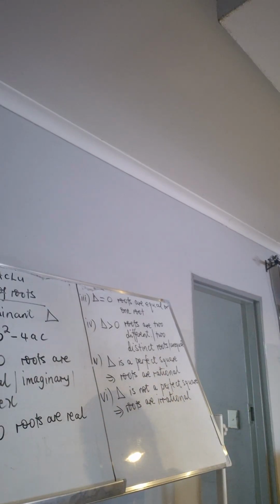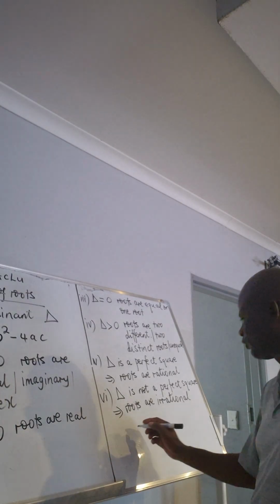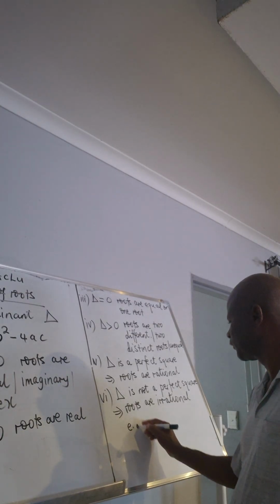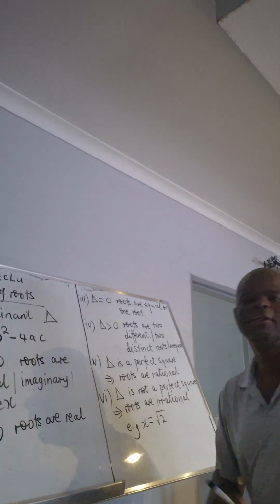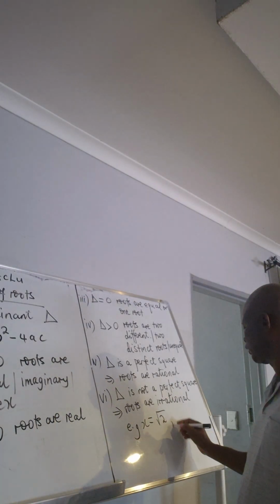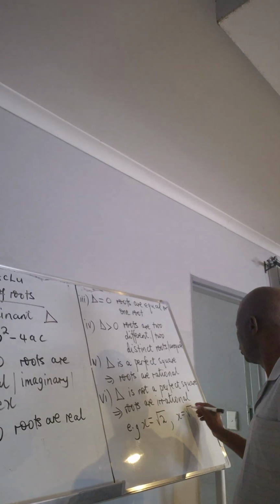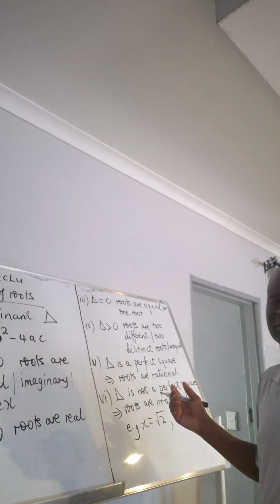An irrational number is a number which cannot be expressed as an exact fraction. For example, x = root 2 is an irrational number. You can also have x = root 7, which is an irrational number.